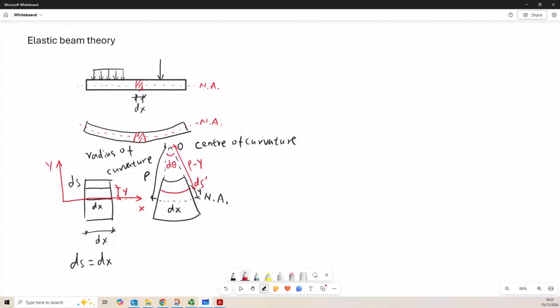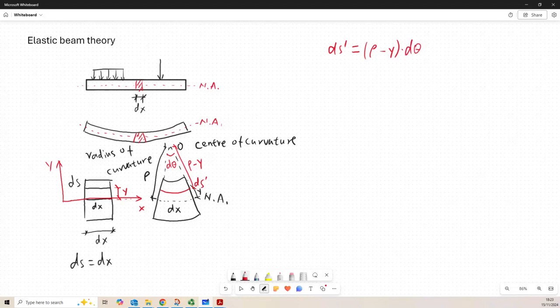From this geometric information, we can derive that ds prime is equal to the distance from the center to the arc, rho minus y, times the angle d theta.